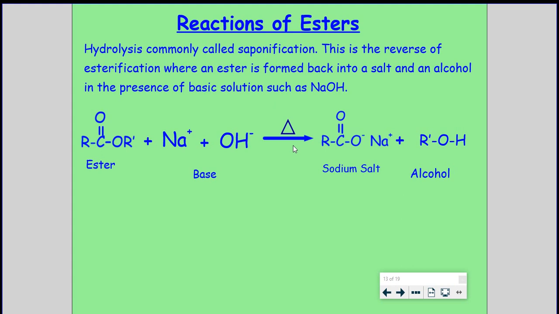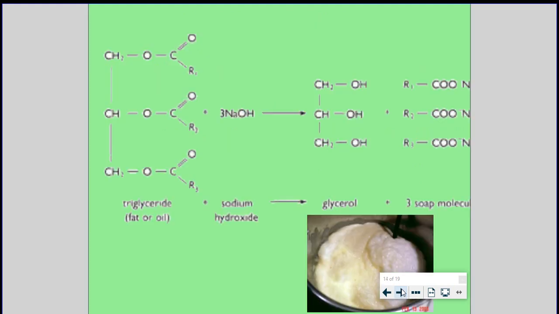In this reaction, you'll break the ester bond and create a sodium salt. And as a byproduct, an alcohol, which, because of all of that heat, is usually lost to the atmosphere through evaporation.